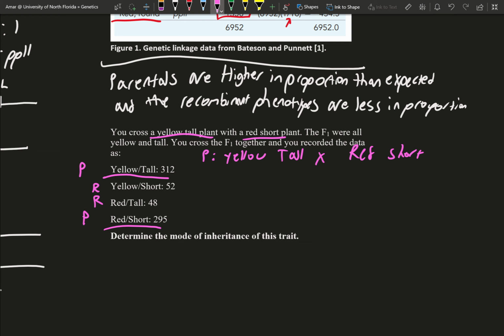Sometimes you might be given gene linkage where the original parents were yellow short and red tall. In that case, we should see an increase in the number of phenotypes for those particular individuals.